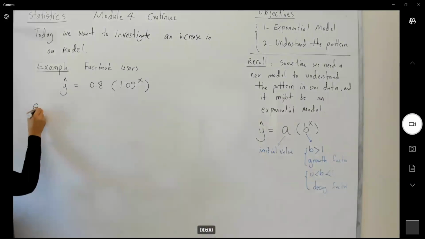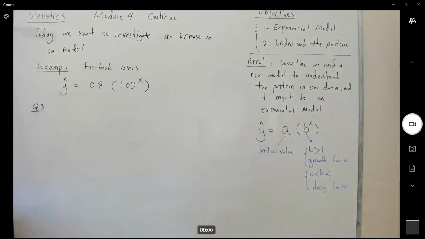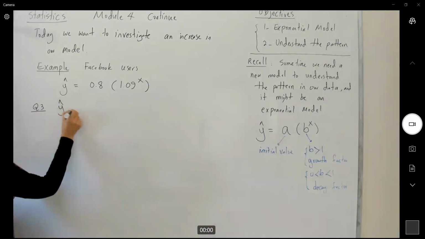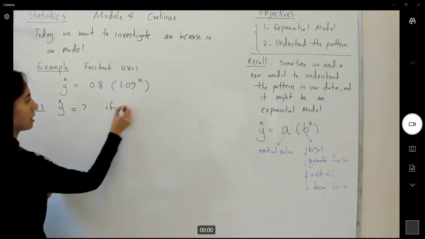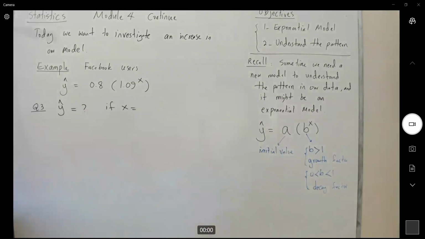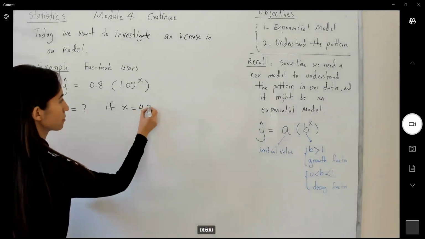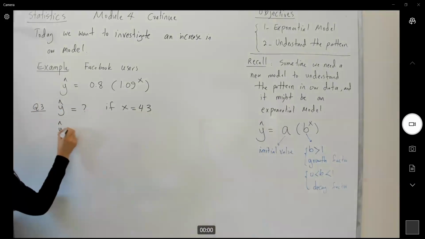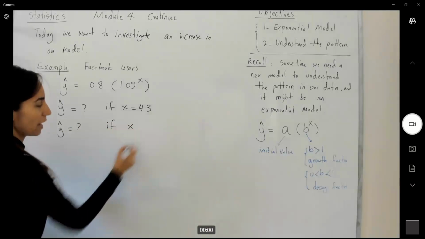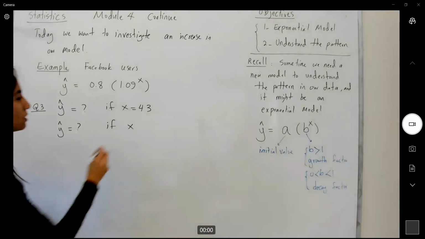For question 3, what is your y hat if x is equal to 43 months? What is your y hat if x is equal to 71 months?